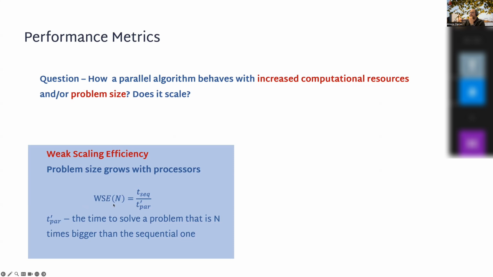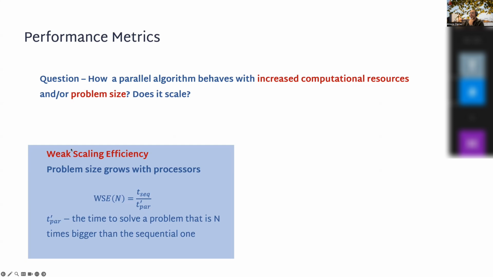The weak scaling efficiency is the time taken by the sequential program divided by the time taken by the parallel program. However, the parallel time here is the time to solve a problem that is n times bigger than the sequential one. So then you have this weak scaling efficiency, and it is a function of the number of processors, or capital N, right?